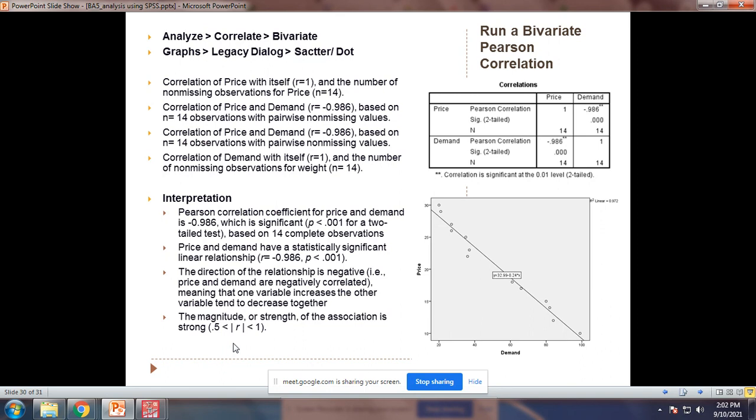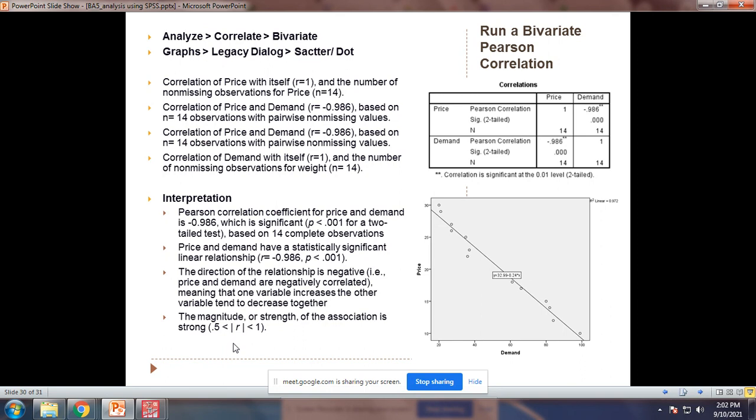So for your correlation, whenever you are running it, you will first write your null hypothesis, then run your scatter plot and put that particular diagram. After you find that it is a linear relationship, then start your correlation using Analyze, Correlate, and Bivariate.